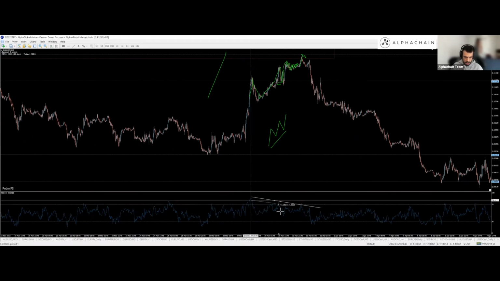You can see that the RSI is basically doing something like this, which is the complete opposite of what you can see on price. And usually you can see that behavior happening in three moves. I can see 1, 2, 3, which is exactly what you can see here: one high, second high, and then the third high.